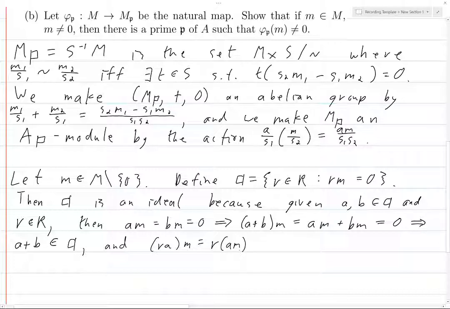So this is r acting on am, but a is an element of this ideal A, and so it's 0. So this is just r acting on 0, which is equal to 0. And so this means that ra is in A.